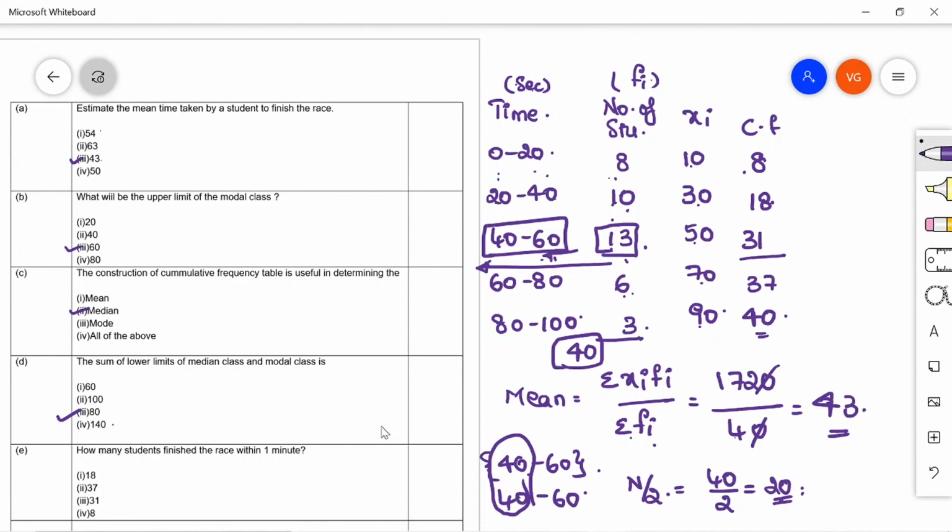So 60 seconds means 1 minute. So number of students that finished the race in less than 60 seconds is nothing but 8 plus 10 plus 13, or directly from the cumulative frequency you can write it as 31. So option 3 is correct here.